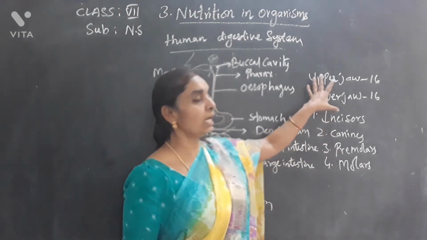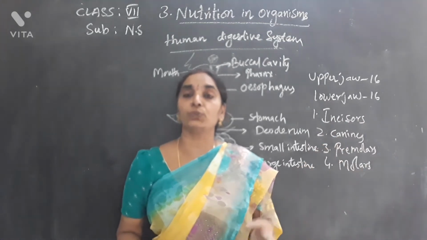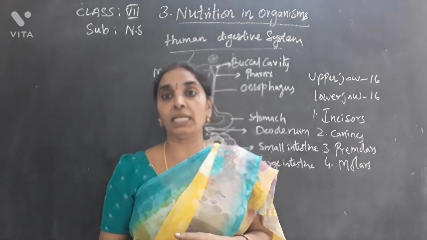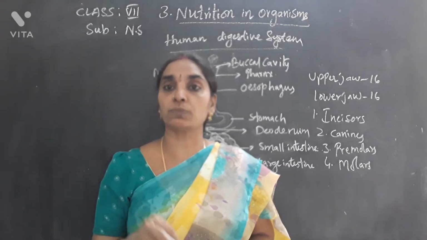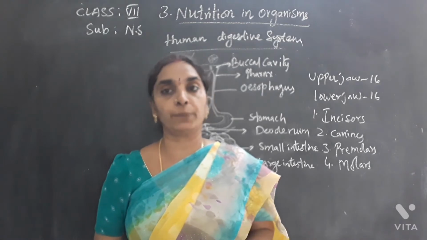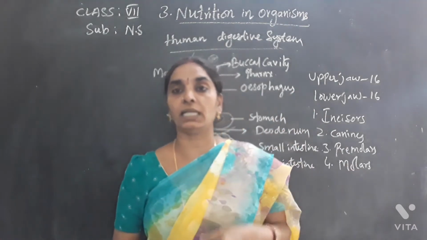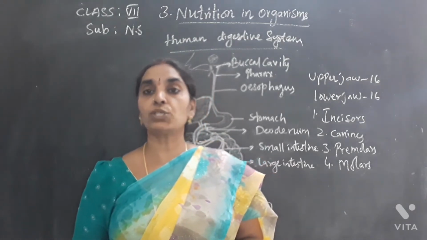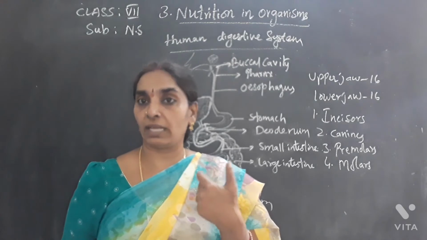So in our mouth there are 4 types of teeth, which help the food material, which is larger in molecules, to be converted to smaller molecules at first in our mouth by chewing it properly. So we chew the food thoroughly. We also have to drink enough water.